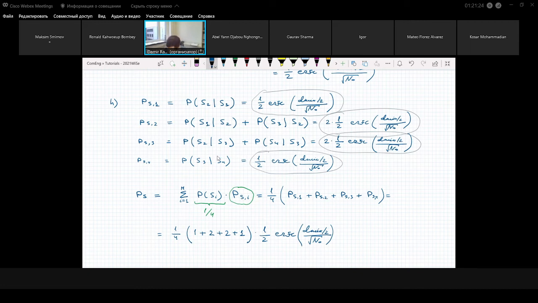Okay, and you see that this summation inside parentheses will be 6/4 times 1/2. I can write it as 3/2 times 1/2 complementary error function of d_min by 2 divided by square root of N naught.